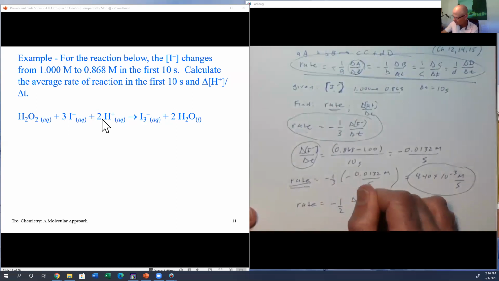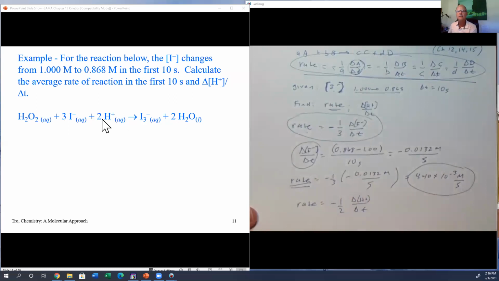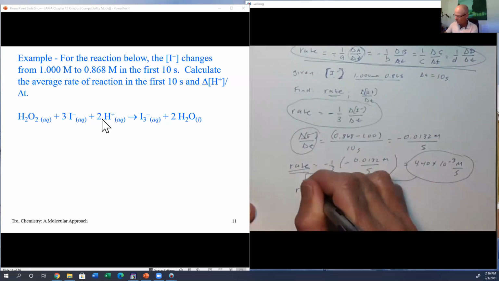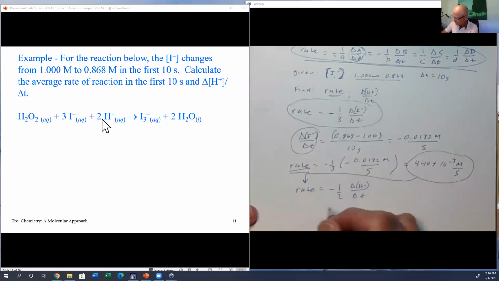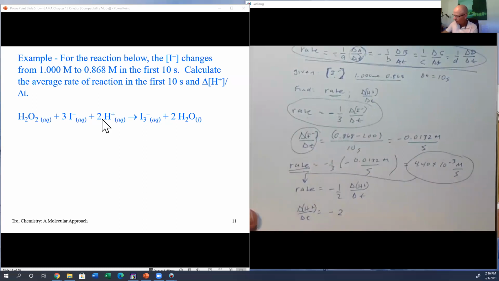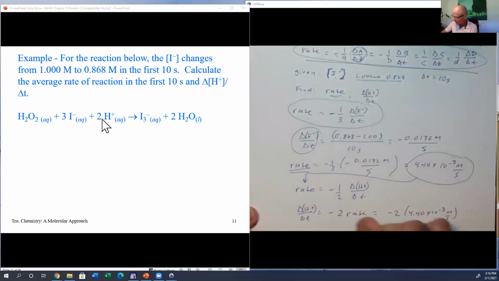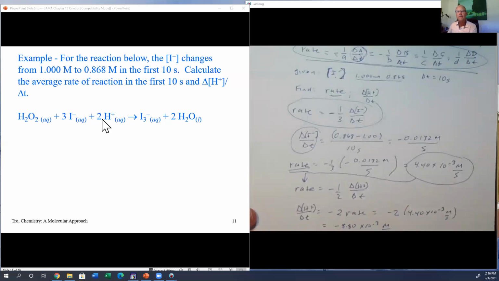Then it's delta H plus over delta T. So I know the rate is this, and delta H plus delta T is equal to negative 2 times the rate, which is minus 2 times 4.40 times 10 to the minus 3 molar per second, equal to negative 8.80 times 10 to the minus 3 molar per second. Does that make sense?